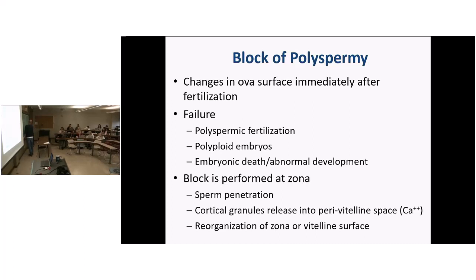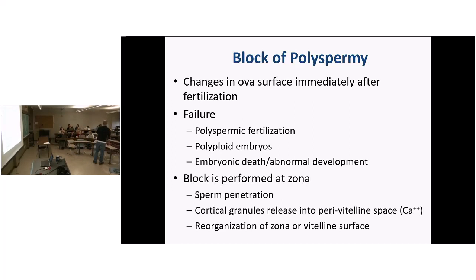When this happens, these cortical granules go to the outside of the oocyte, and all of this content is deposited in this space. I don't take too much in terms of the names, but you have the zona pellucida and you have the oocyte.